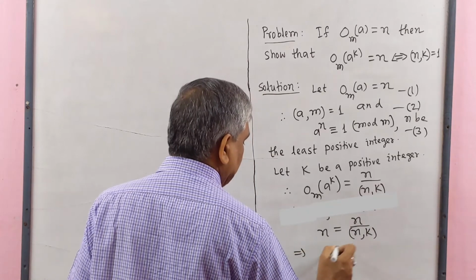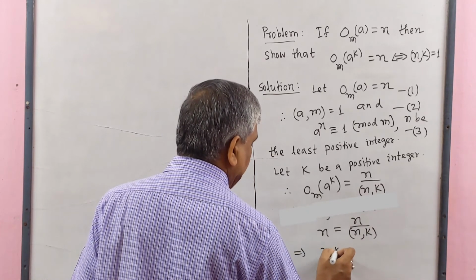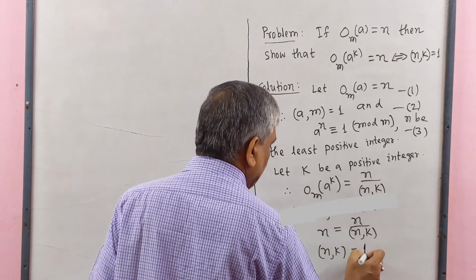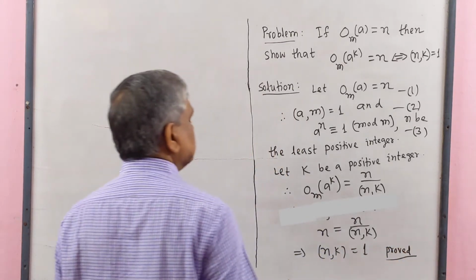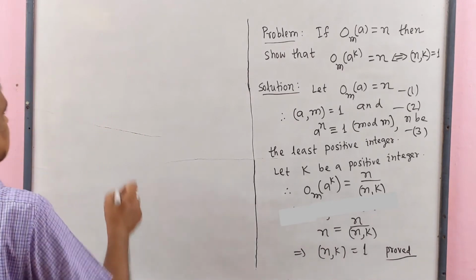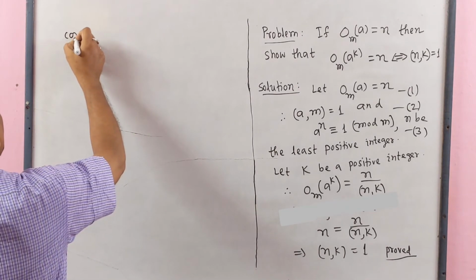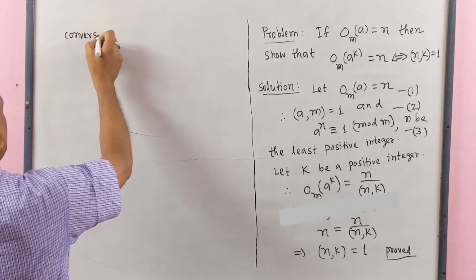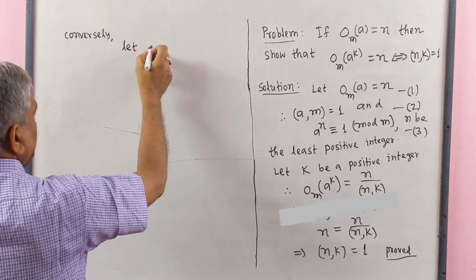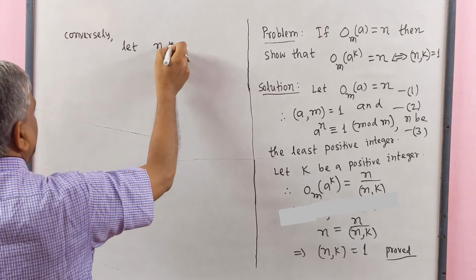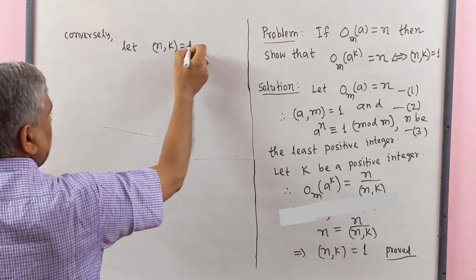Implies that GCD of n and k equal to 1. Proved. Conversely, let GCD of n and k equal to 1.